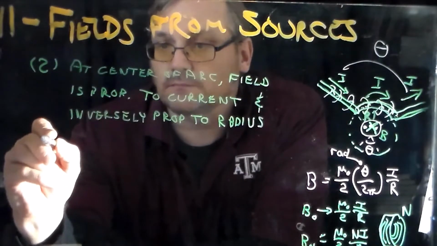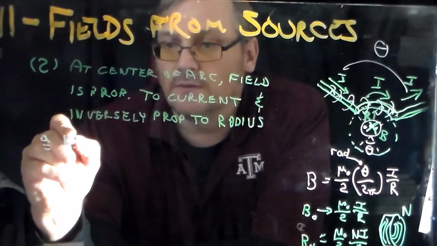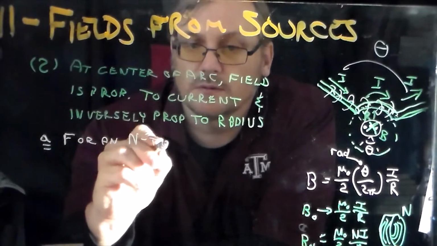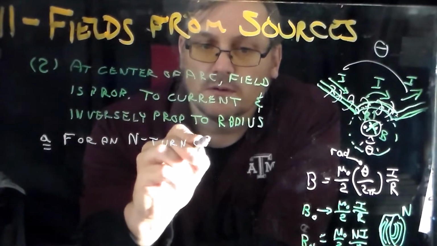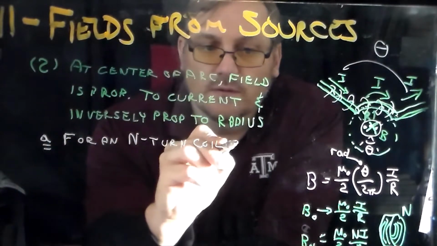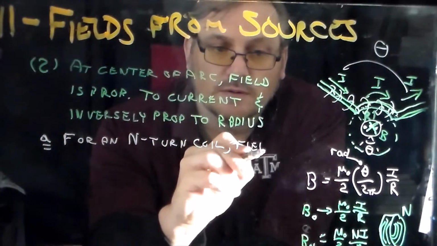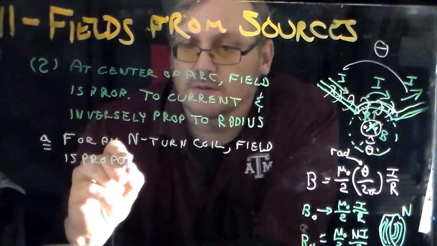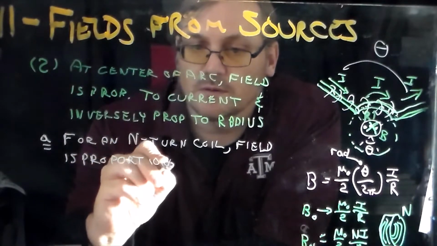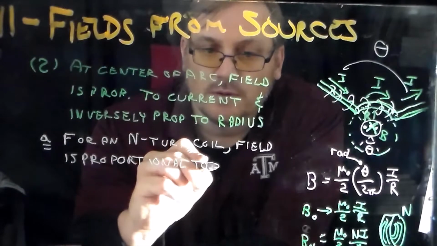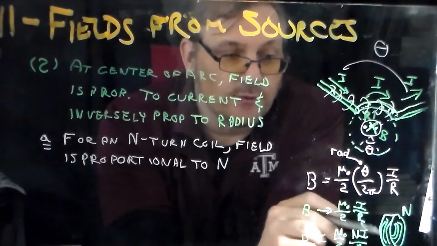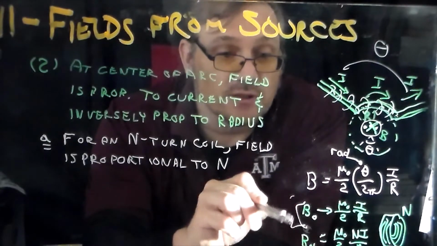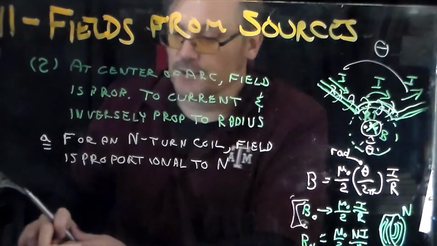So I guess that's A. For an N-turn coil, the field is proportional to N. All right, so if we had 2 loops, it would be just twice this field. If we had 3 loops, it would be 3 times this field. Okay, so that's what happens there.